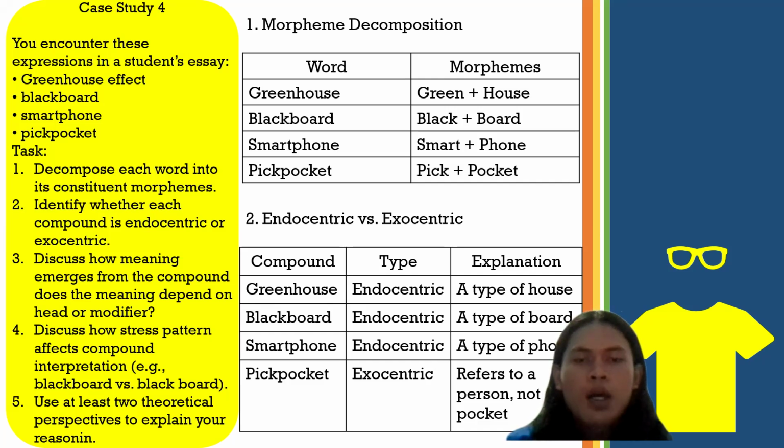And the next compound is smartphone. The type is endocentric, and the explanation is a type of phone. And the last compound is pickpocket. The type is exocentric, and the explanation is it refers to a person, not a pocket.